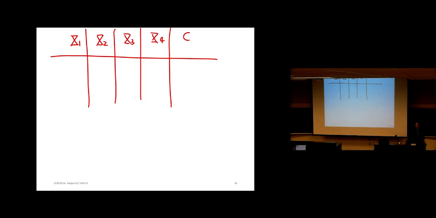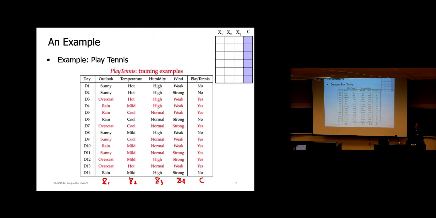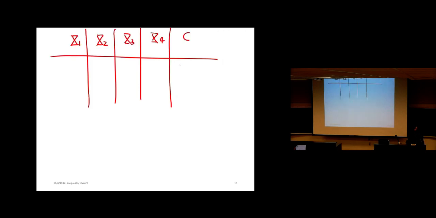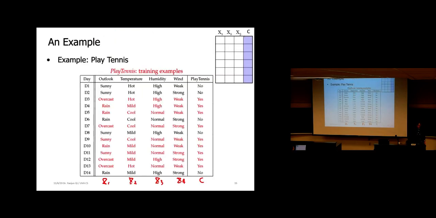How many possible values for the output variable? Only 2, yes and no. In fact, this is C1, this is C2. For the first random variable x1, how many possible values?